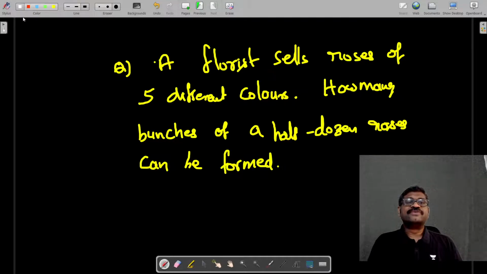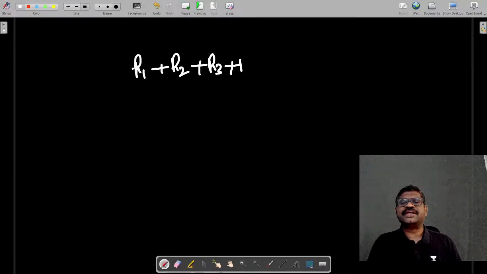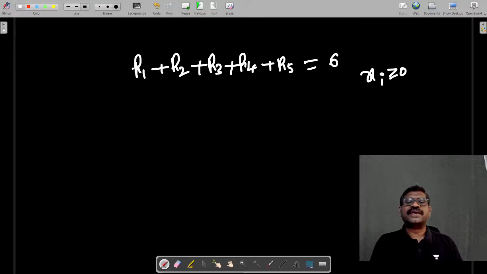So here 5 different colors of roses. Therefore, I am converting this problem into a non-negative integer problem like this. r1 plus r2 plus r3 plus r4 plus r5, 5 different colors, equal to total 6 roses, because half a dozen roses, where each xi is greater than or equal to 0. Now here n value 5, r value 6.